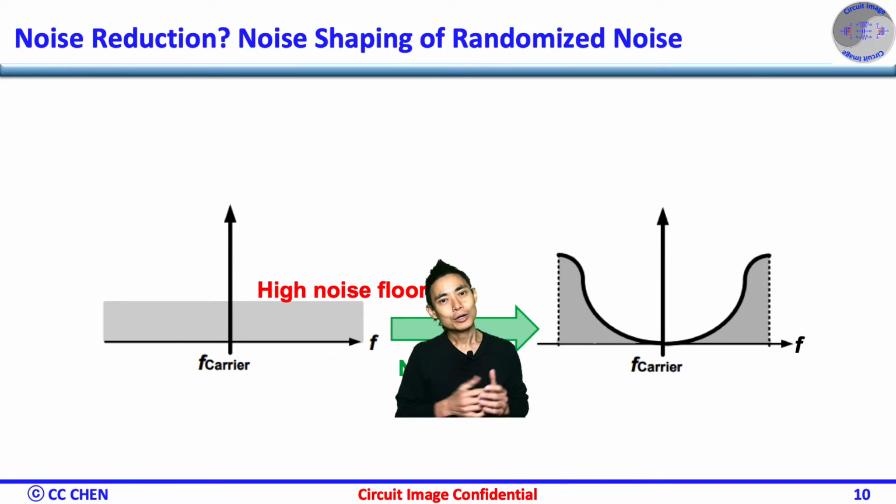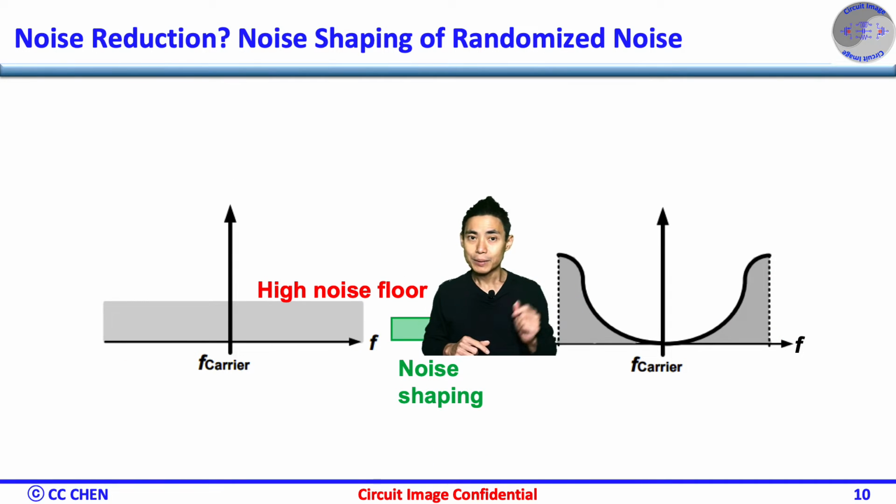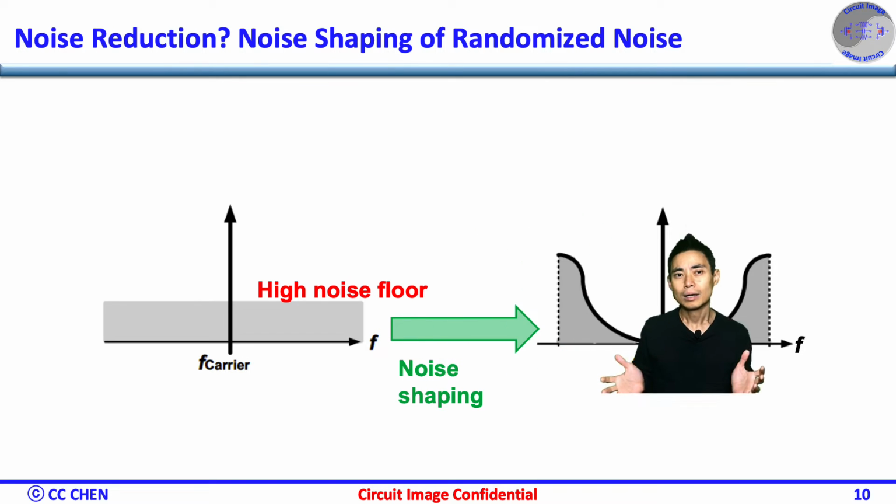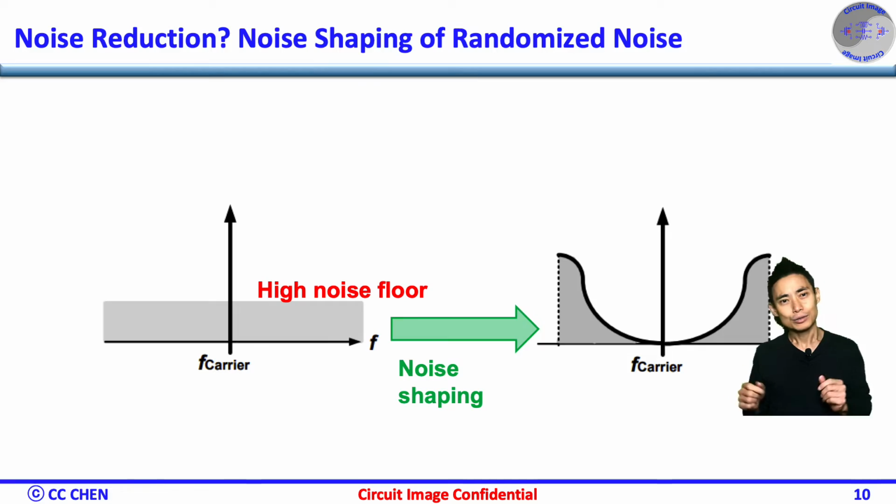Bingo! We can try to shape the spectrum of the randomized noise. For example, move the noise energy to higher frequencies, and then the PLL's low-pass response will filter out the high-frequency noise. But how to implement the noise shaping in a high-pass response?